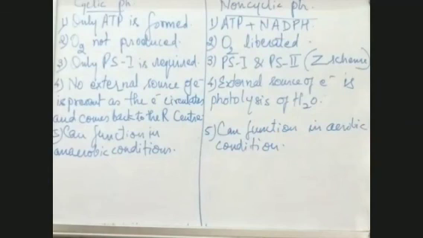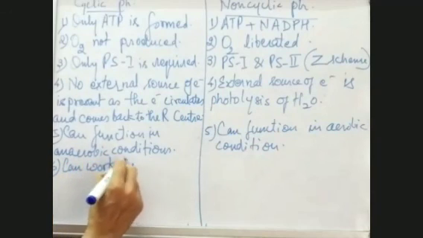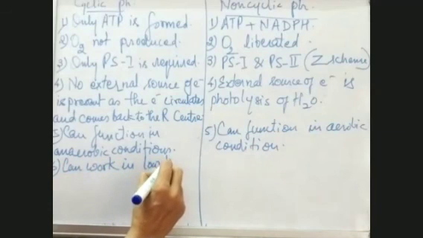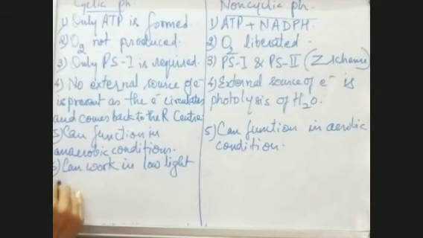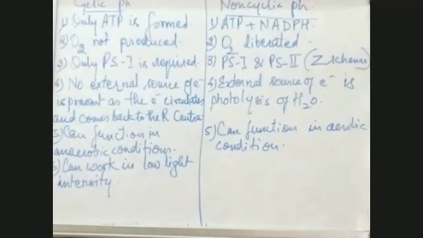And we come to the last point: cyclic photophosphorylation can work in low light intensity. If it works in low light intensity, it doesn't mean that non-cyclic will work in high light intensity.